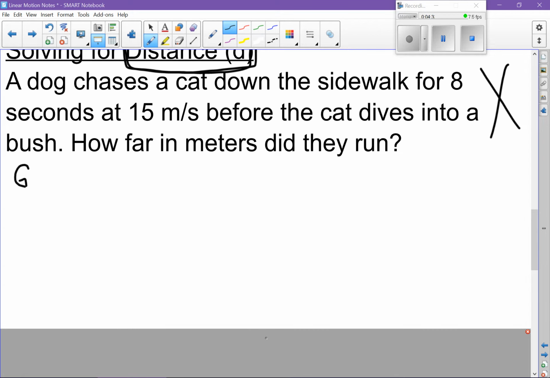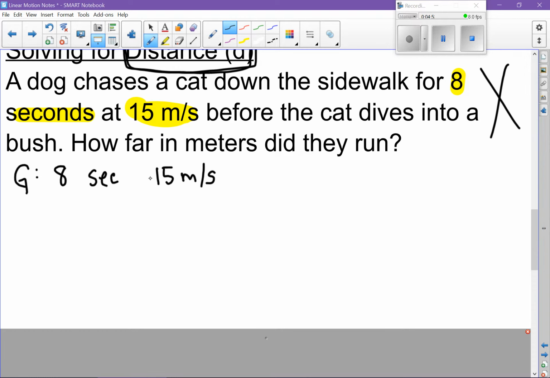So first we have to see what are we given in this question. The easiest way to do that is let's just go through, there's a number, and there's a number. Don't look at any of the other words, it gets really long and confusing. They gave me one of the numbers is 8 seconds and 15 meters per second.